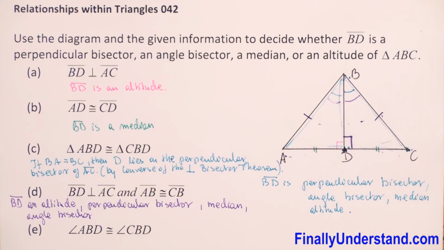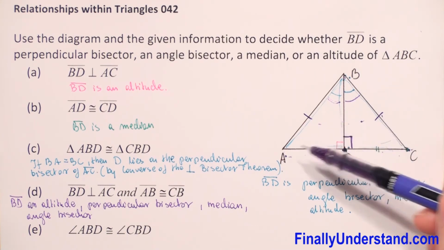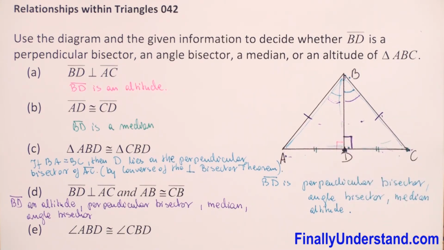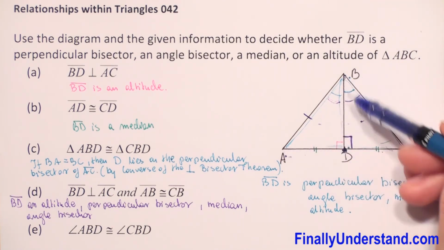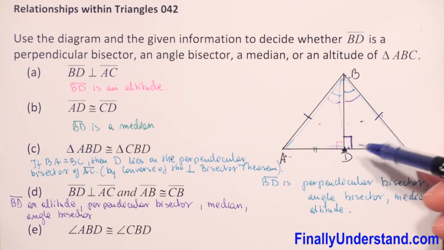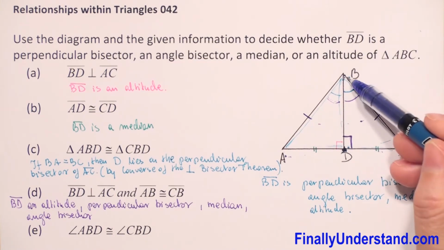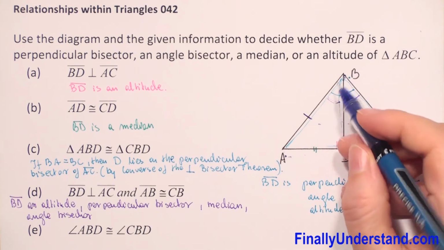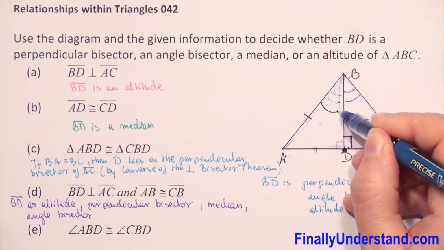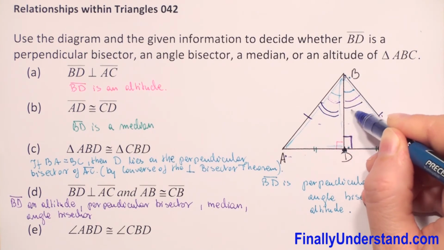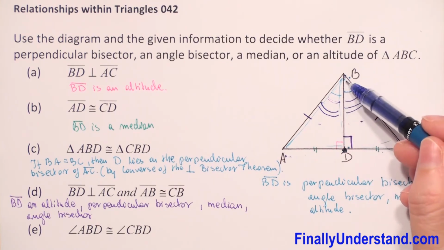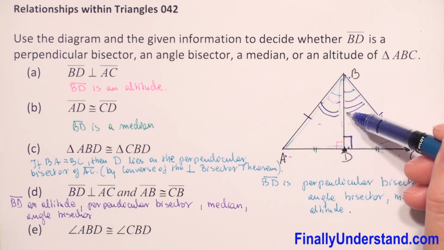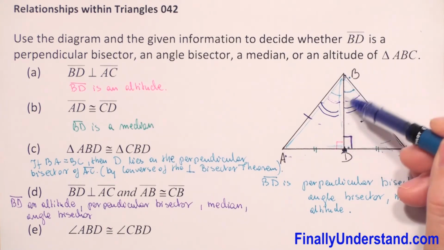And next question, we have given that angle ABD is congruent to CBD. This is only given that this angle is congruent to that angle. So it means that BD is angle bisector.